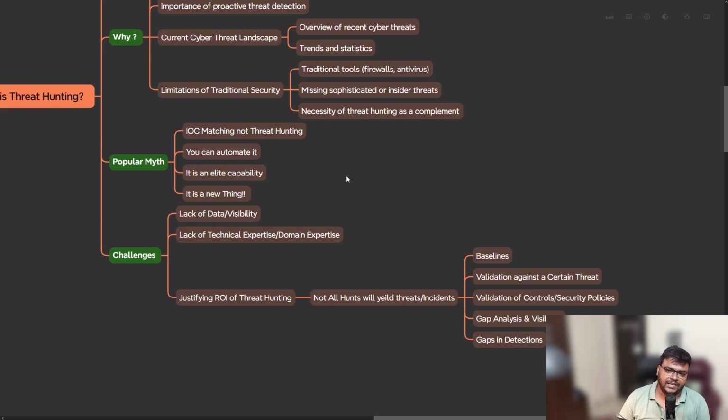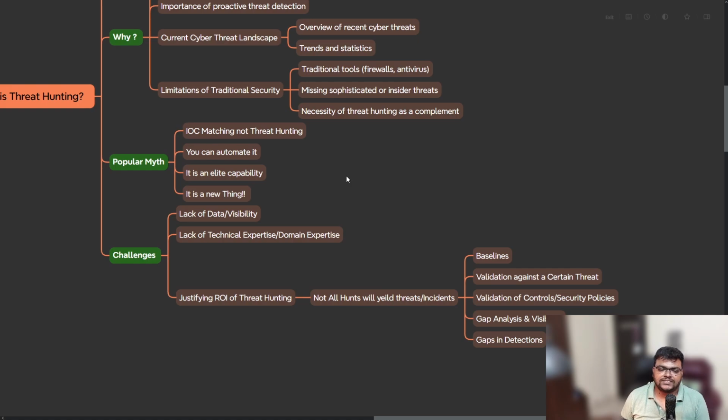I said that anybody can do it, but provided you also have a basic understanding of how threats function, what their behavior is, how you write a query, and what kind of log source you consume. So there is some amount of technical or domain expertise that creeps in when you are executing the hunt, and it will keep increasing as you keep completing hunts, right?